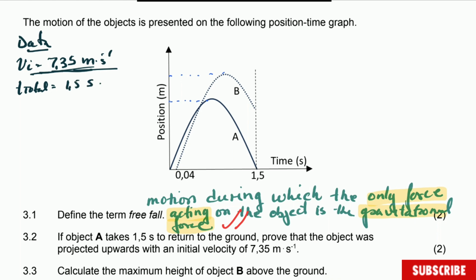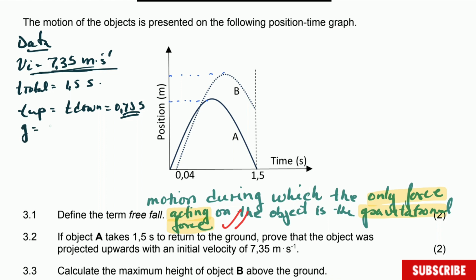Now, does it mean that the time to go up is equal to the time to go down, which is equal to 1,5 divided by 2, and that is 0,75. This is the time to go up as well as the time to go down. What else do we know?